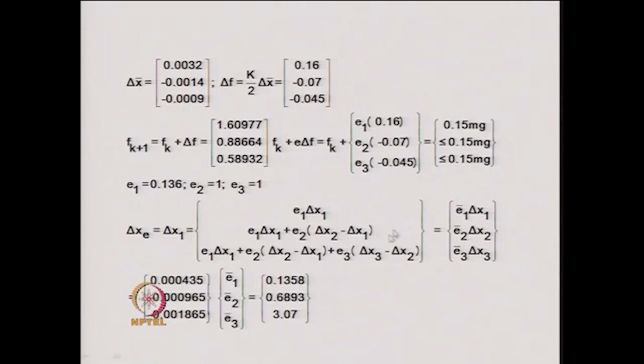Next, what we do is that once we know these values of E1, E2, E3, which are the scaling factors for the drift, that means drift is scaled. So, we wish to obtain now the scaling factor for the displacement, so that the displacements that we have got are scaled such that the shear in the bottom column becomes just equal to the yield shear for the first column.